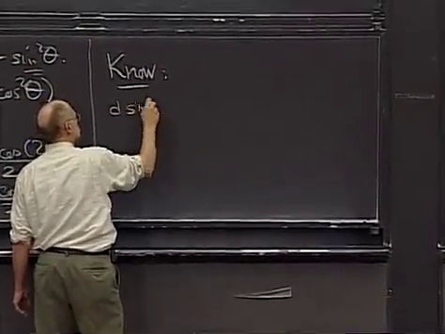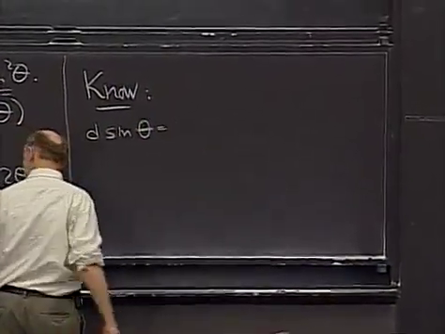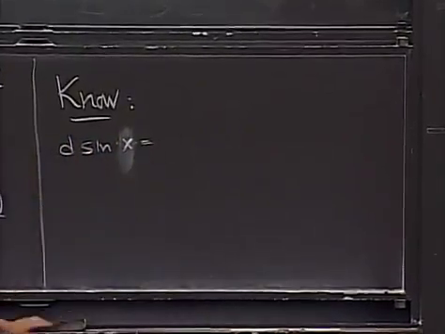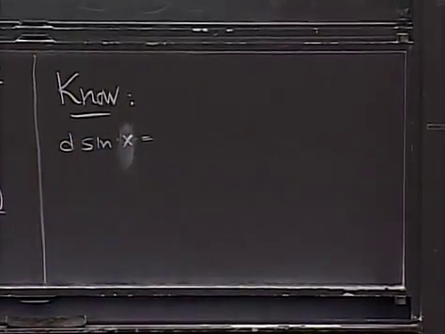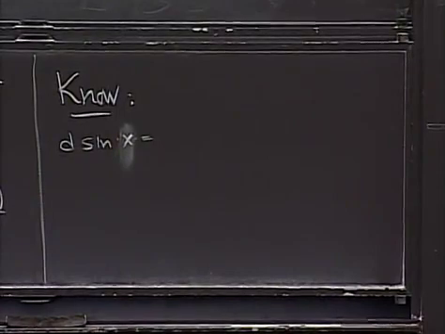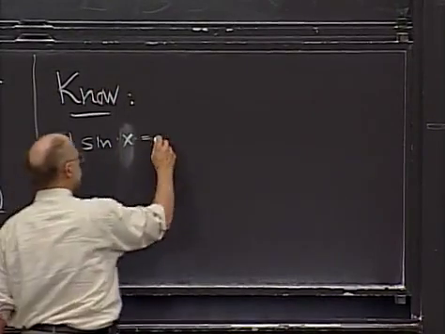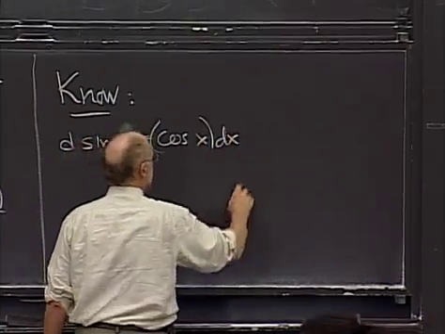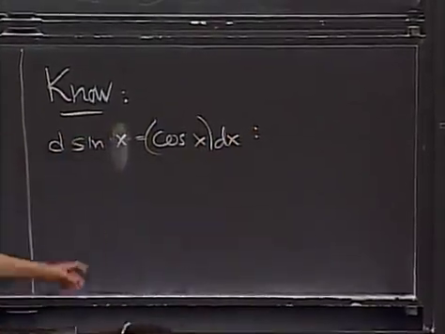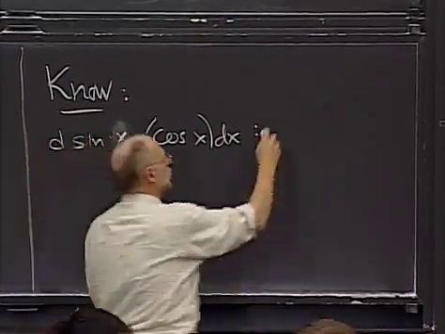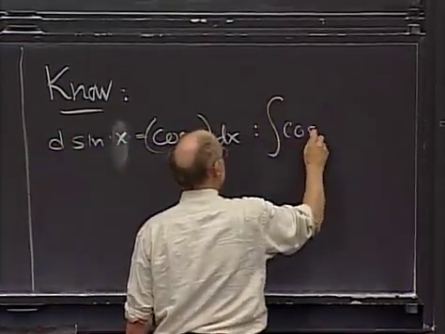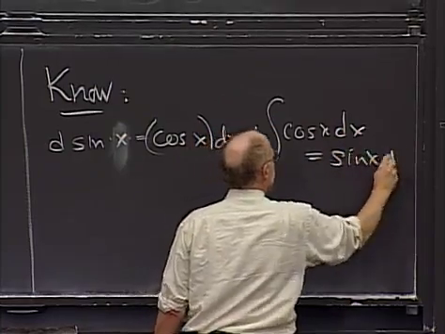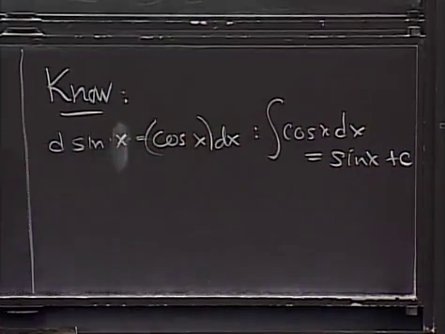You know that d sine x is the derivative of sine x times dx, right? The derivative of sine x is cosine of x dx. And so if I integrate both sides here, the integral form of this is the integral of the cosine of x dx is the sine of x plus a constant.